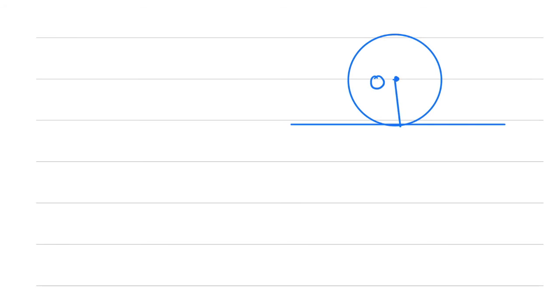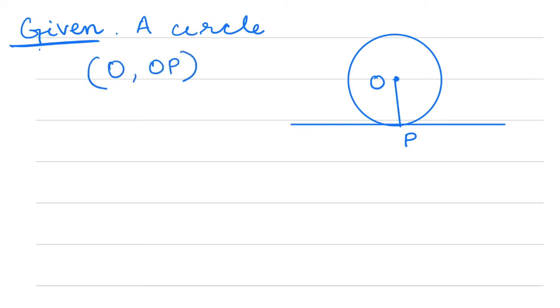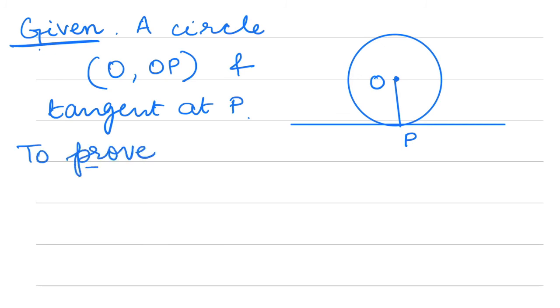We are given a circle and a tangent, the center is O, and we can take this point as P. So we are given a circle with center O and radius OP and a tangent at P, and we have to prove OP is perpendicular to PQ.